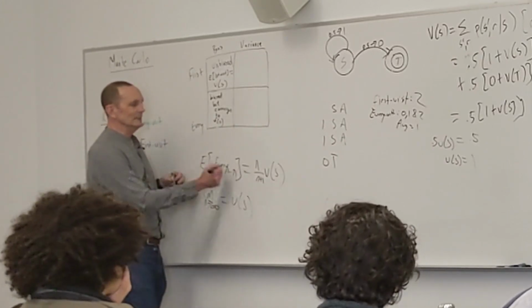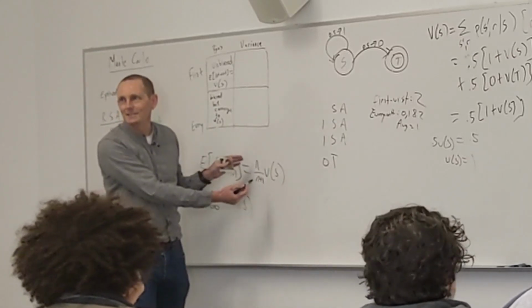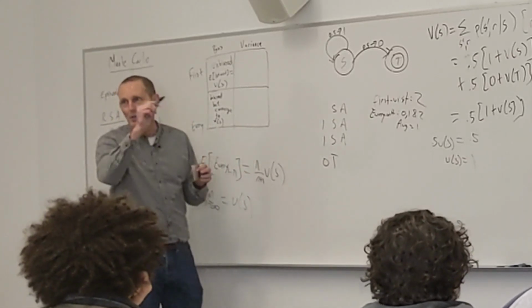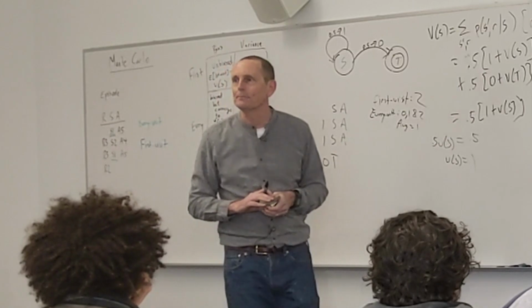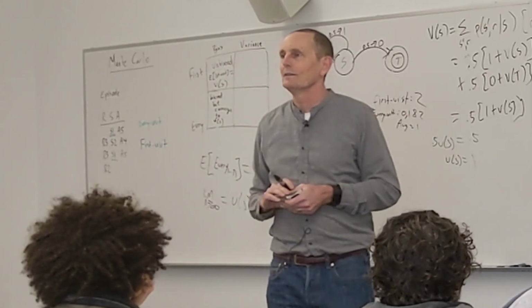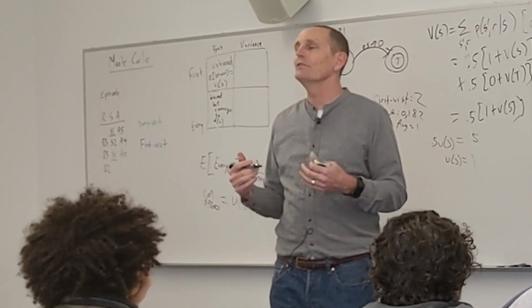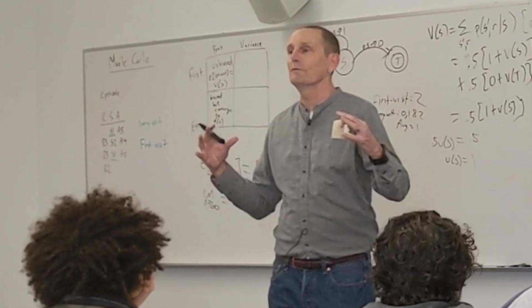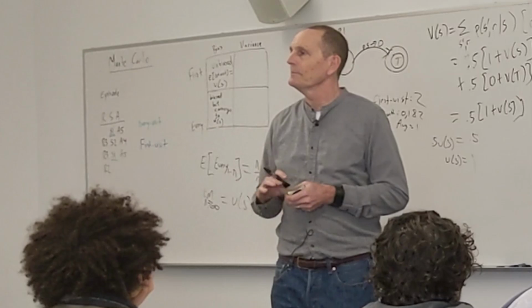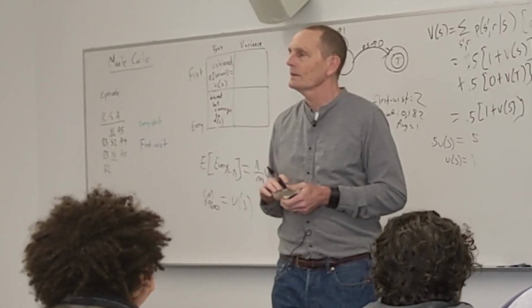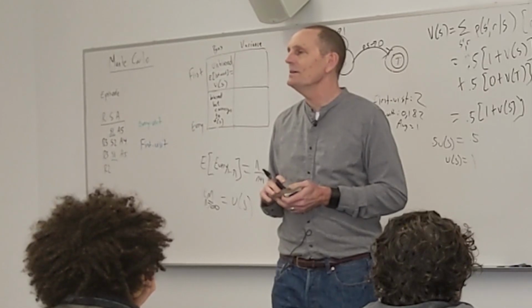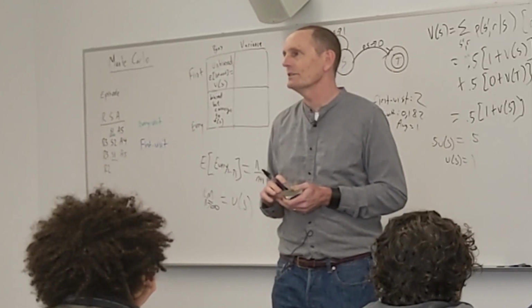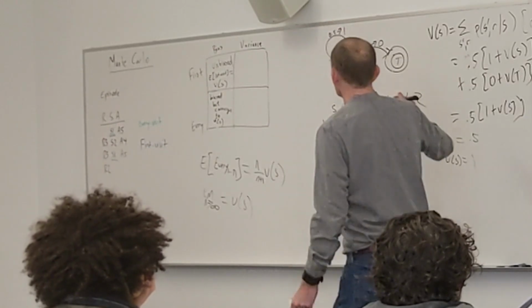I am stating without proof that it's n over n plus 1. We'd have to run through the math to do it, which I don't want to do. I am stating it to give you an idea of why we end up converging. Is this n over n plus 1 only for our given MDP, or any MDP? This is the difference between the every visit and the first visit.